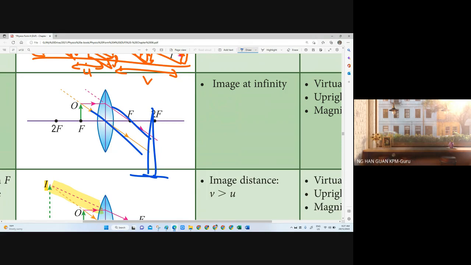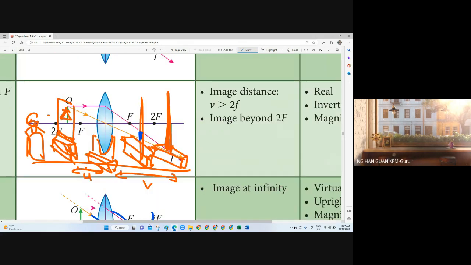It's totally blurred because the light is not focusing. You just see a blinding light on the screen, but you can't differentiate whether this is a tree or a table, because the image is totally blurred.